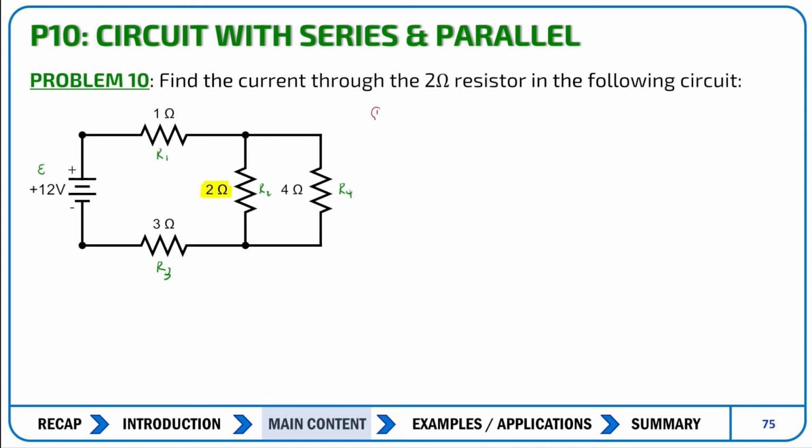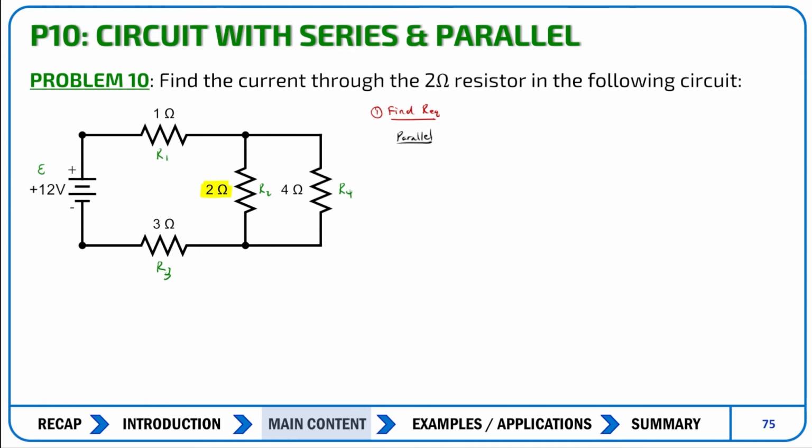So first step, find Req. There are some in parallel and there are some in series. The first one we're going to start off with is in parallel.